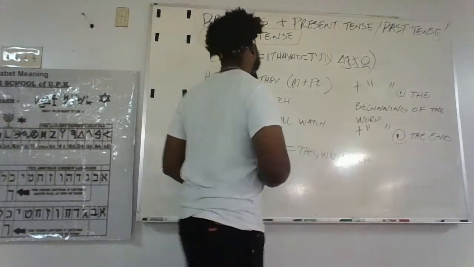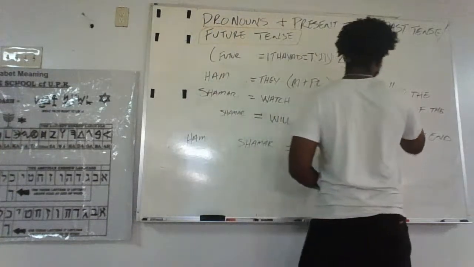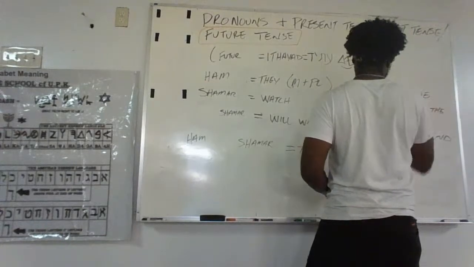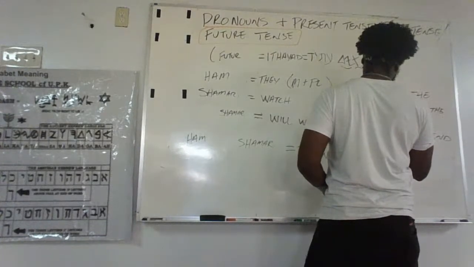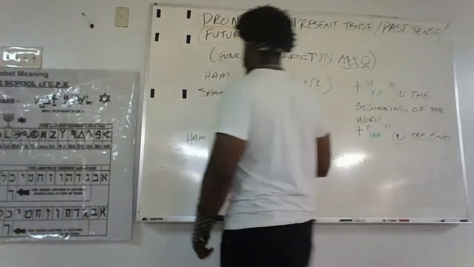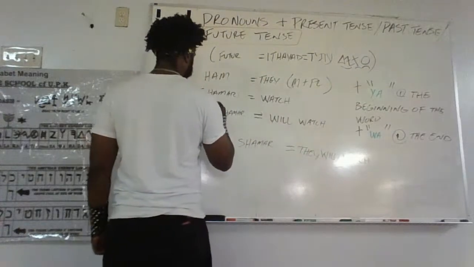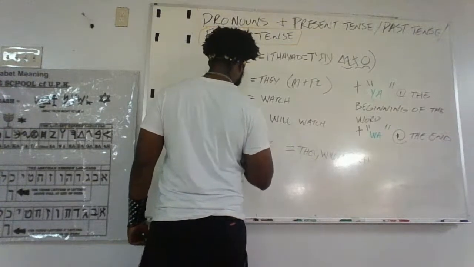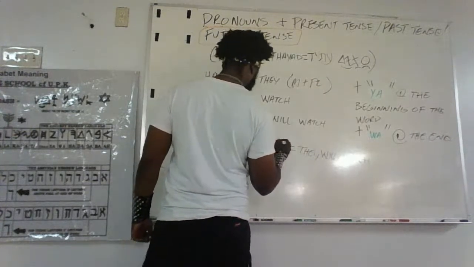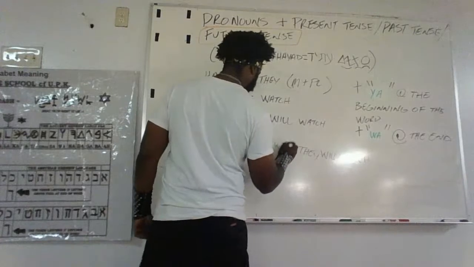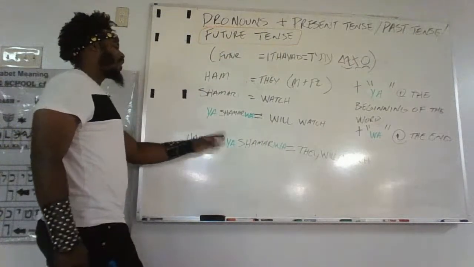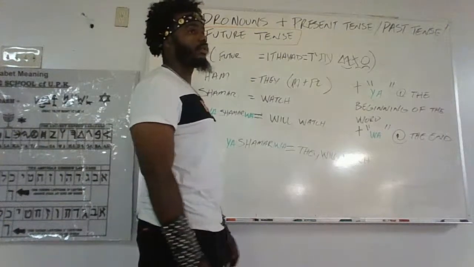When it's they, masculine plural, you put a ya at the beginning and a wa at the end. So the sentence would be Yashamarwa.